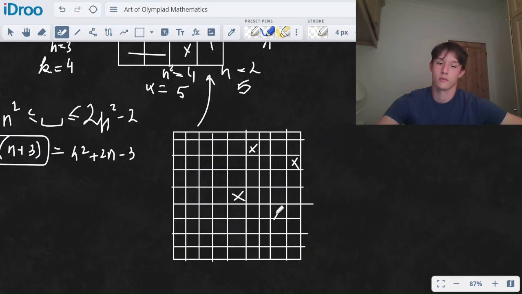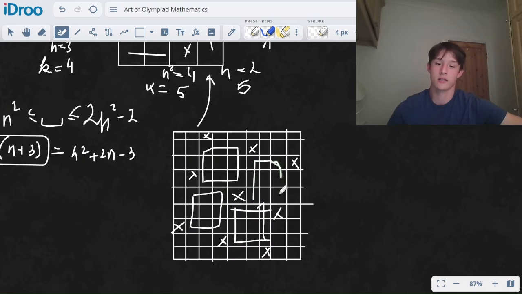Wait, this, like this, like this, like this, like this, and like this. Okay, and from here you go like this, and you just fill up the whole board with 3 by 3. And after you get this example, it's easy to generalize the whole thing.